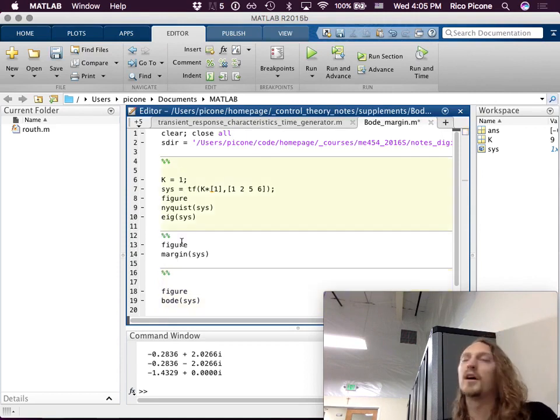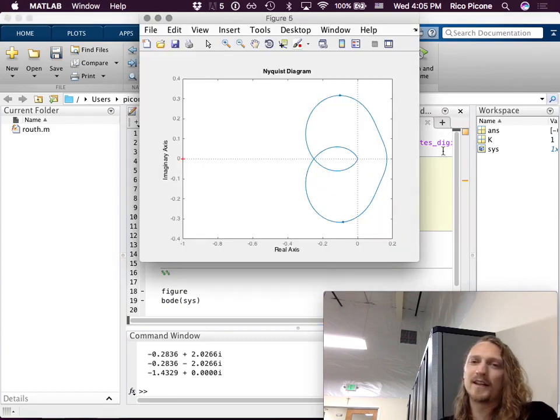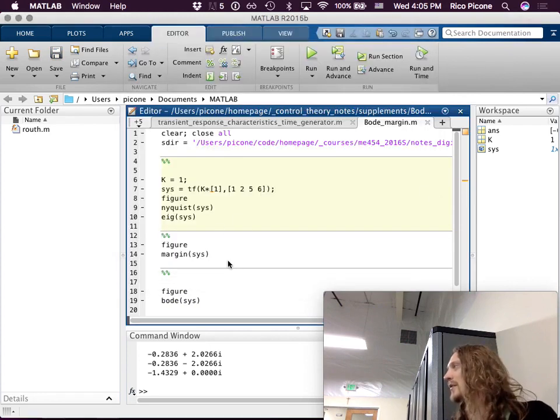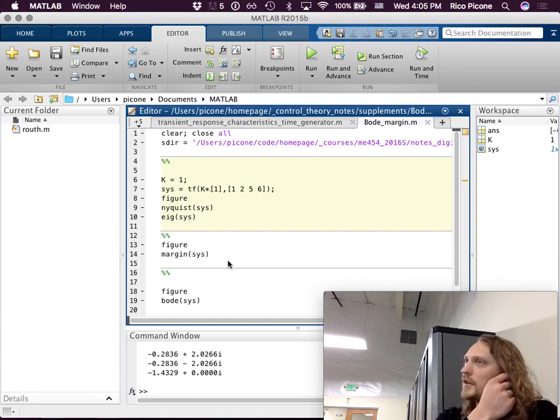Oh, we should set this to a gain of 1 while we do all of these calculations. K should be 1, and then we'll be able to see the gain margin and the phase margin properly. If you set the gain to something non-unity, then you end up with a skewed version of gain margin and phase margin. So that's important to remember.